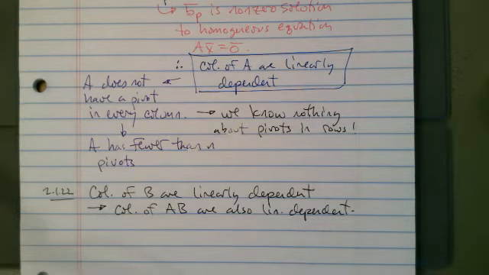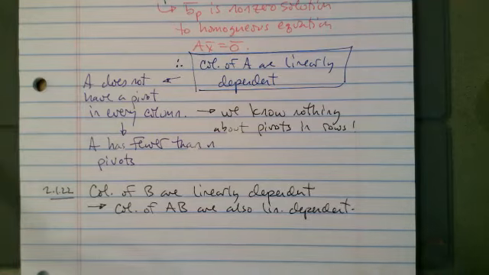Now, the key thing in this particular problem is that we want to think about how we characterize the columns of B being linearly dependent. So we got to think of what it means for the columns of B to be linearly dependent.